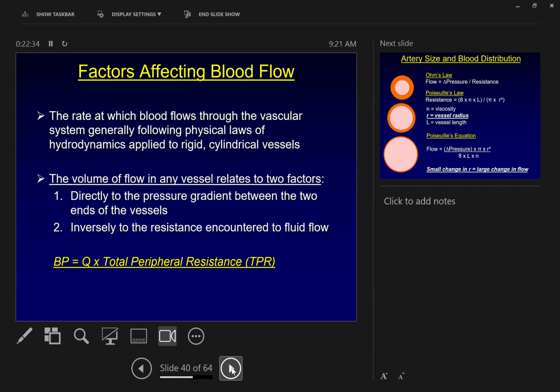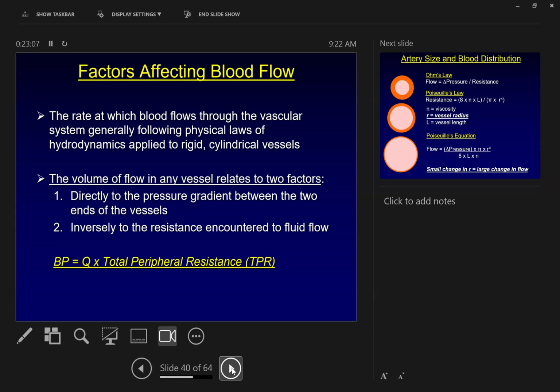Okay. That's resistance, right? How many of you have ever taken a gardening hose, like a water hose, and tried to shoot the water at somebody out of the hose? How many of you all have done this? Okay. Some of y'all are sheepishly like, yes. What do you do to make the water shoot farther? Put your thumb over it. Okay. You have the same amount of water.